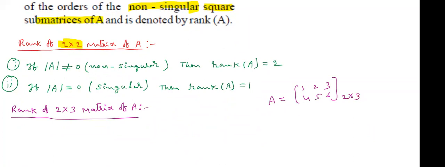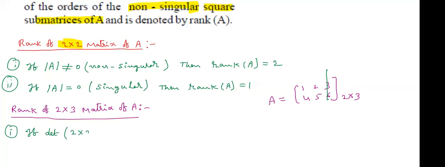Convert it into a 2 by 2 matrix. That means we can eliminate the third column or second column or first column, any one of the columns. Finally I eliminated the third column. Then we get a 2 by 2 submatrix. By observing the 2 by 2 submatrices, we will decide the rank of the 2 by 3 matrix.